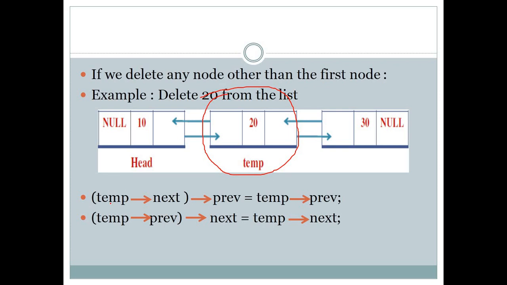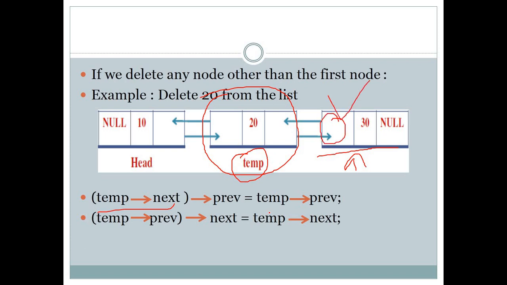what we will do is temp next previous is equal to temp previous, where this is our temp node. Temp next means this node, its previous means this thing.